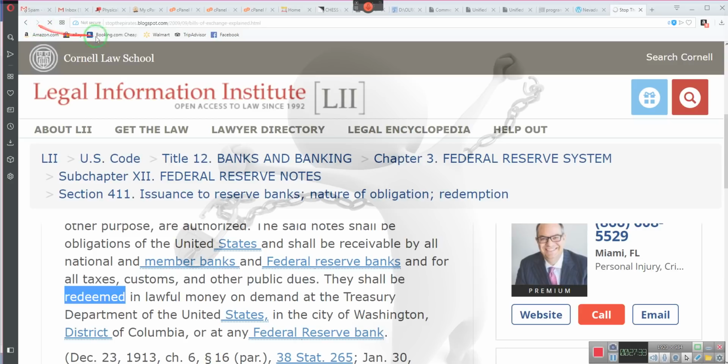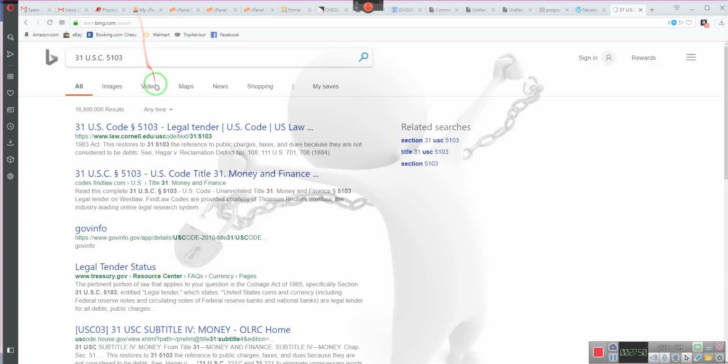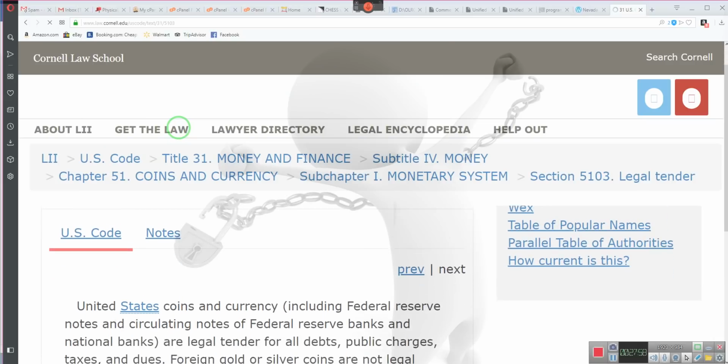We're going to go to, because I want that Chapter 8 thing to pop up on my screen in the future. Okay, legal tender. United States currency.